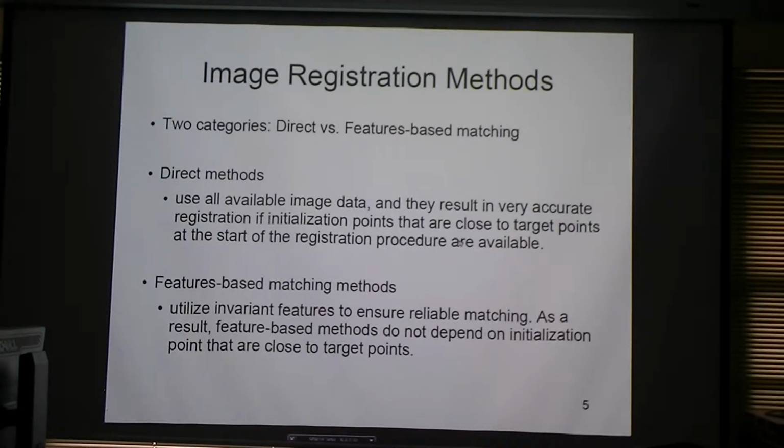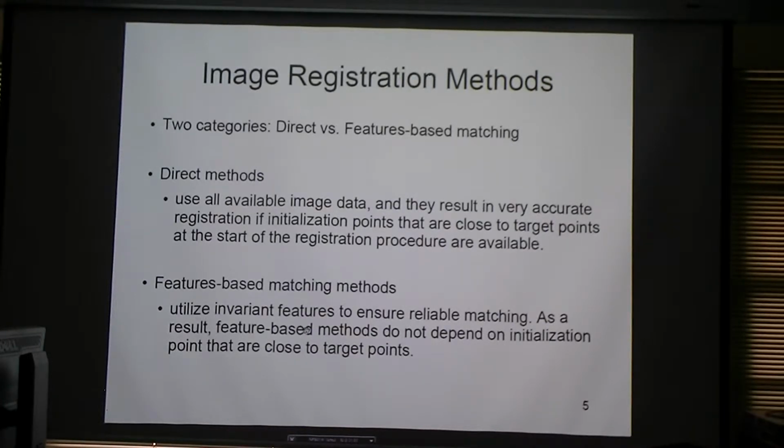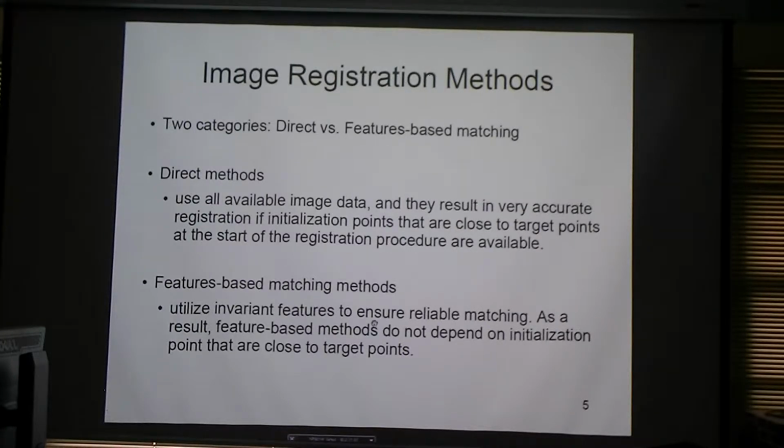If the initialization points are close to the target points, we can say that the results are accurate. But the feature-based matching method uses invariant features to ensure reliable matching, and it is not dependent on any initialization points close to the target points.